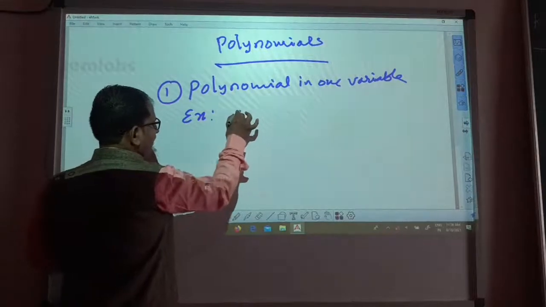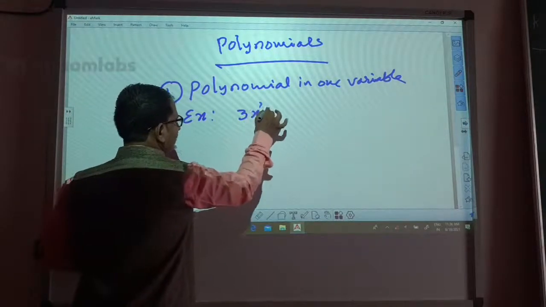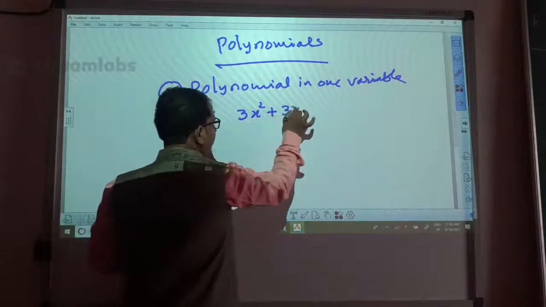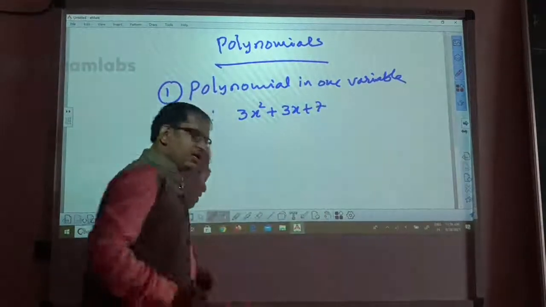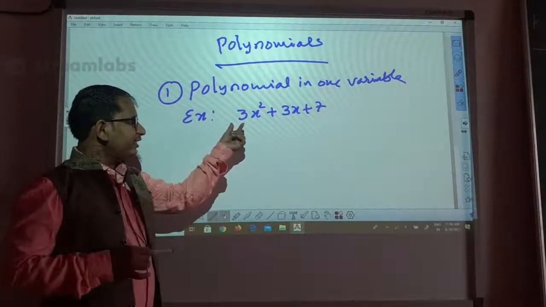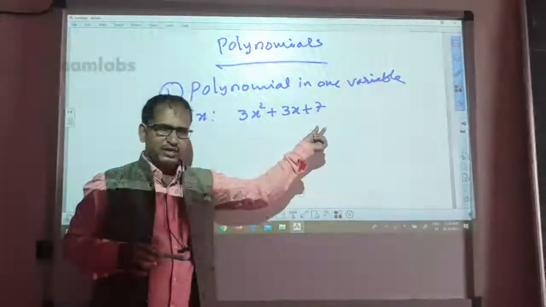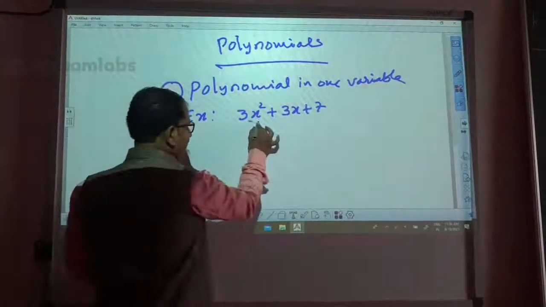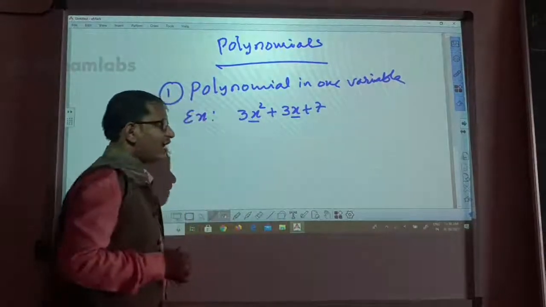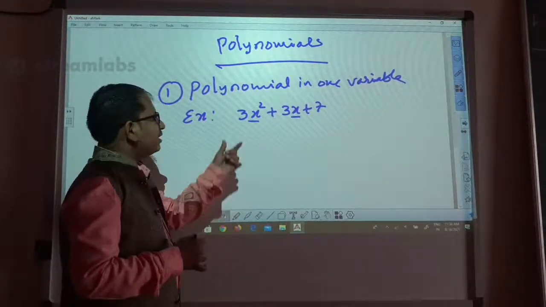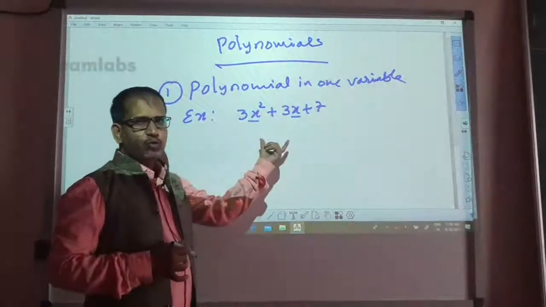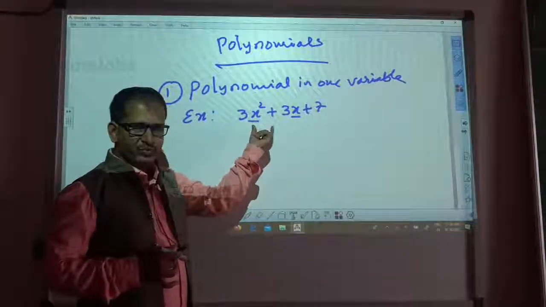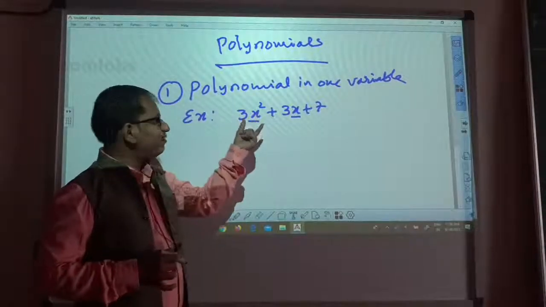Example: if I write 3x square plus 3x plus 7, in this expression we have x square and x, but this is only one variable, not two variables. x and x are the same, so it has only one variable.